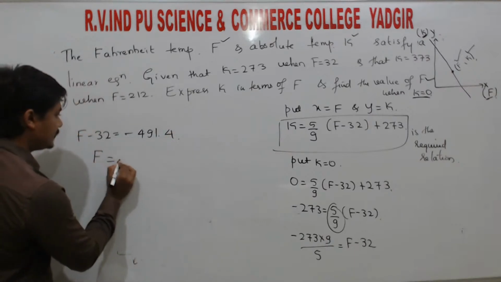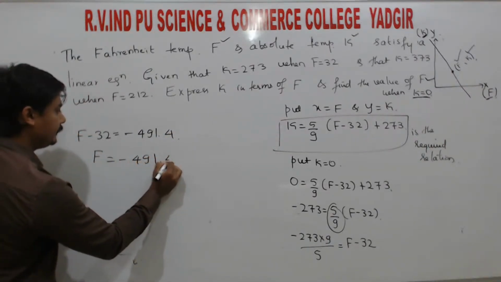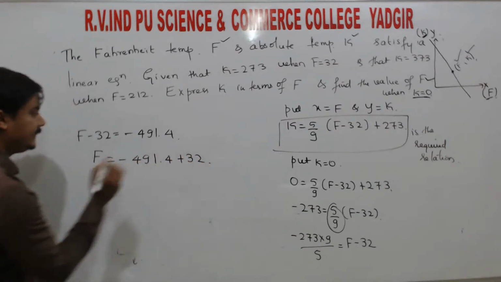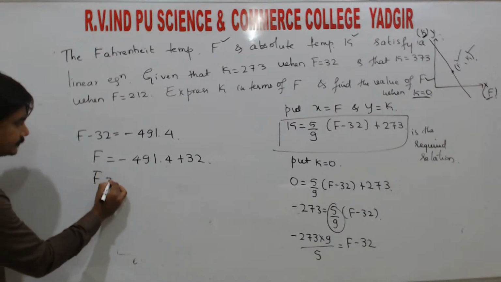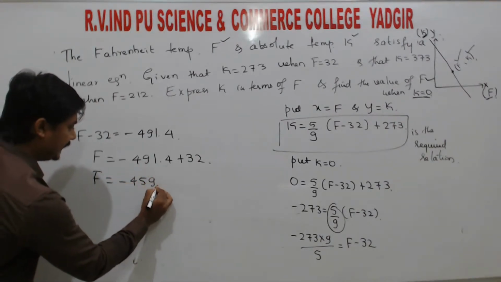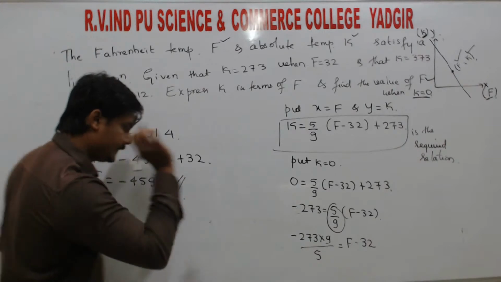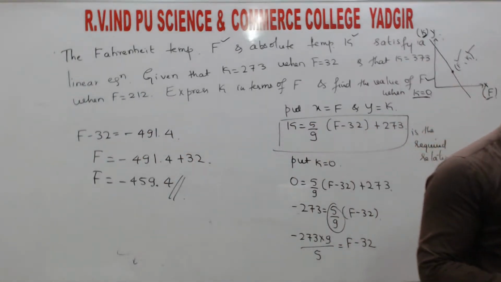So finally f equals minus 491.4 plus 32. That will give us finally f as minus 459.4. That's it.